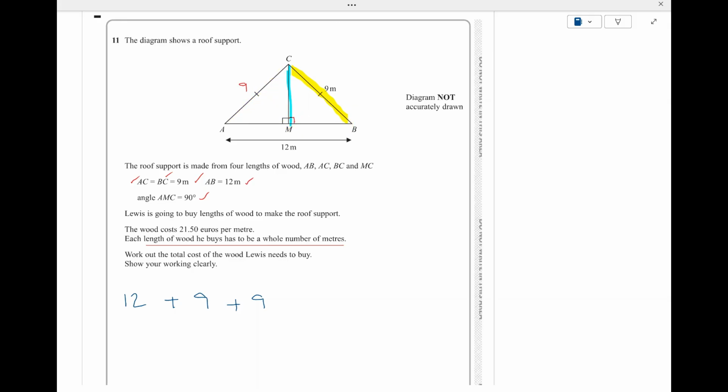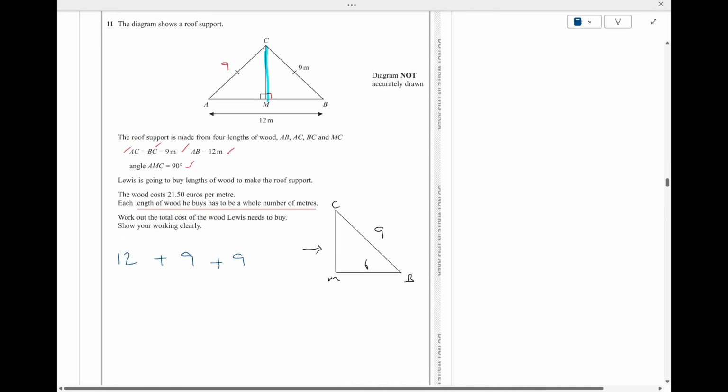So I'm going to use Pythagoras to find that length. I'm going to draw the triangle C down to M, then along to B, and then that one there. So that's 9. Now that's 6. That's C. That's M. That's B. So I need to find that length there, don't I?